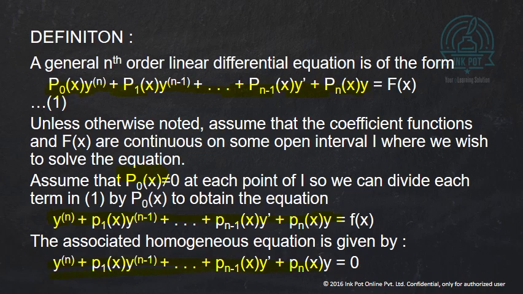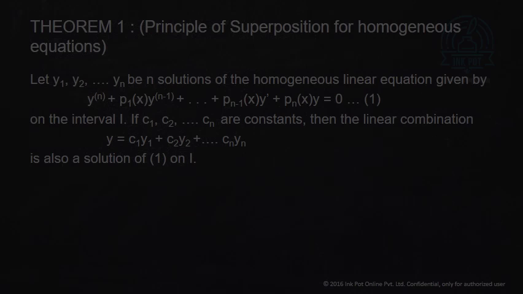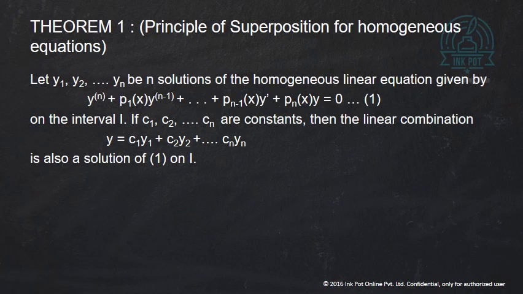Now we shall see some of the results that we did for second order linear equations, and we shall generalize them for the nth order. So theorem 1 is the principle of superposition for homogeneous equations.